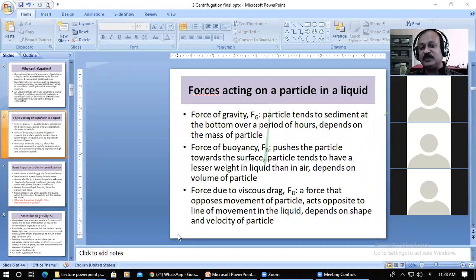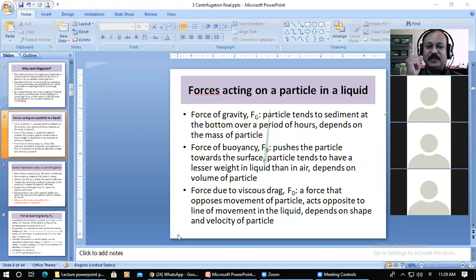And the third force is the viscous drag, which is the resistance felt by the particle if it is actually moving in the liquid. If the particle is stationary, it will not experience this force. But if it starts moving, then depending upon the sedimentation velocity, it will experience a more or less viscous drag.